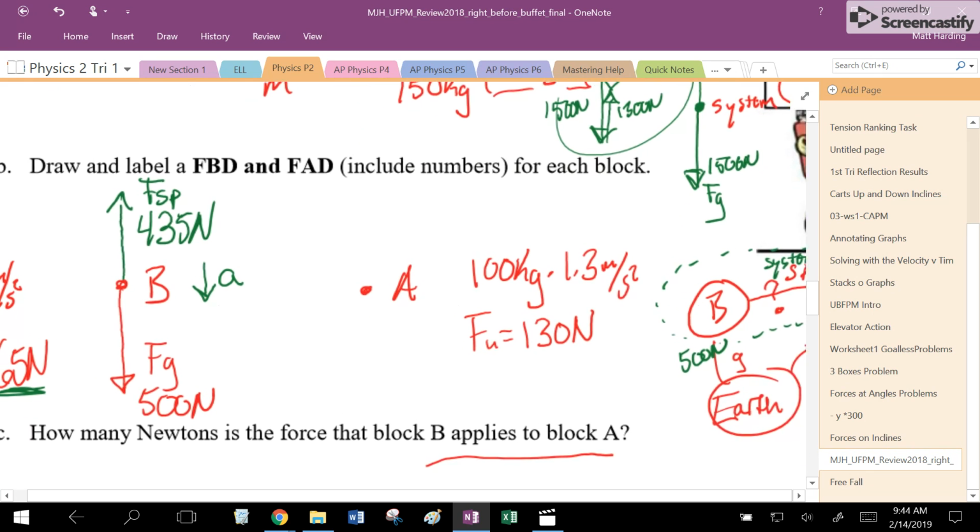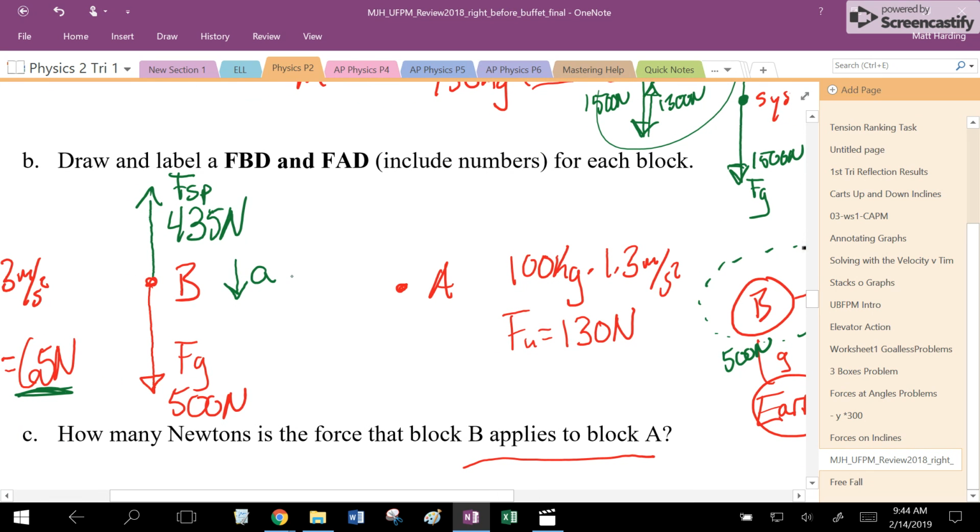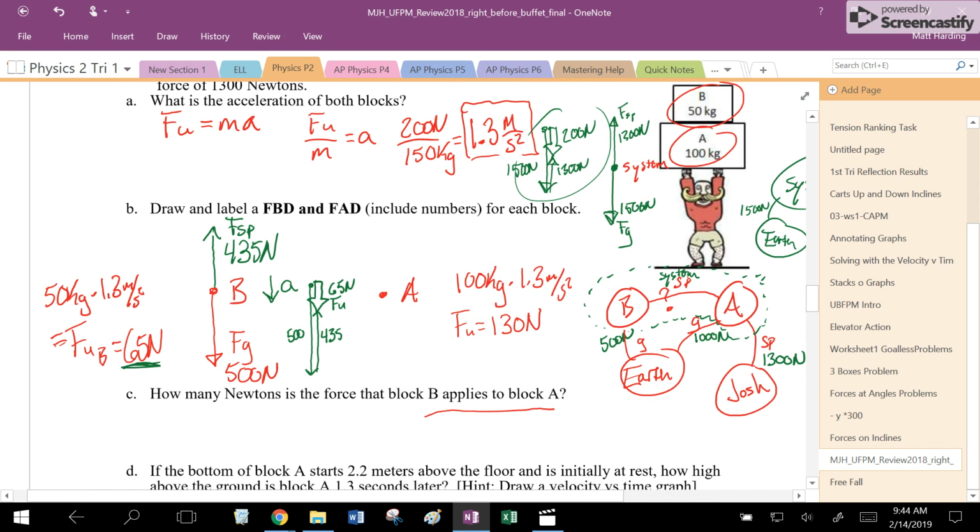I'm saying that because when I add these things together, when I go 500 down and I go 435 up, that should give me 65 newtons of F_U pointing in the downward direction. So you have a go at A and see what you get over there for A.